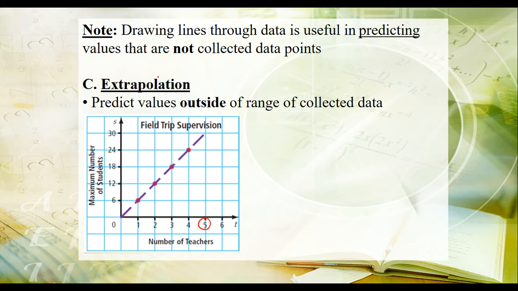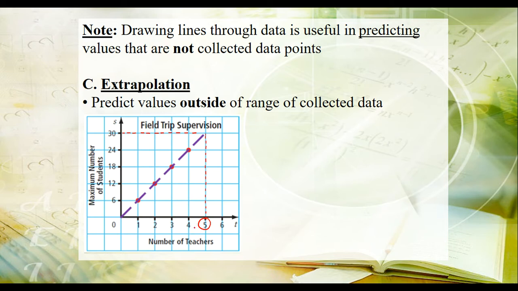Well, the way I would determine this is I would start at 5. I draw a little bit of a broken line up to where my line is, all the way up to the line. Okay, so the line ends there. And then I could go all the way across to see the number of students that are allowed.